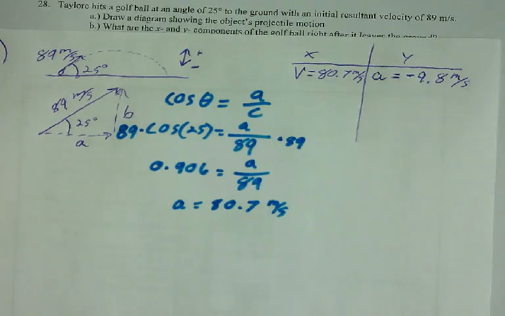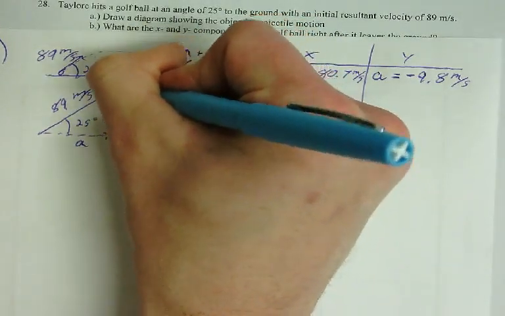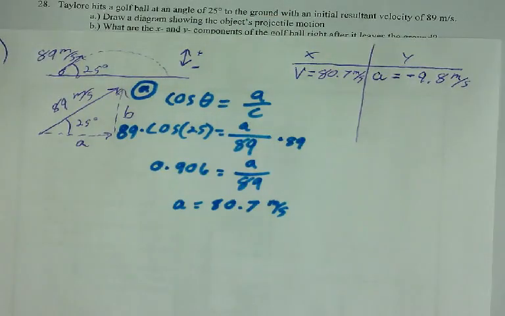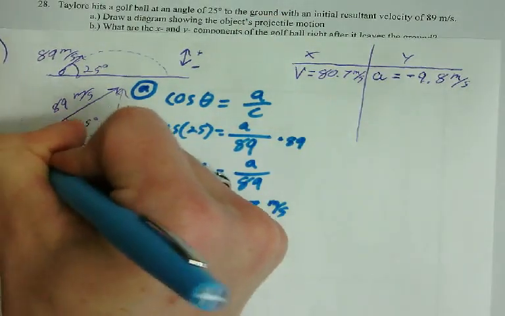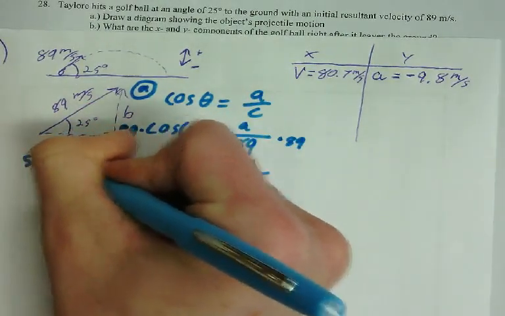Okay, I'm going to do the exact same thing. But now I'm going to do it for sine instead of cosine. So sine of the angle, the sine of 25.